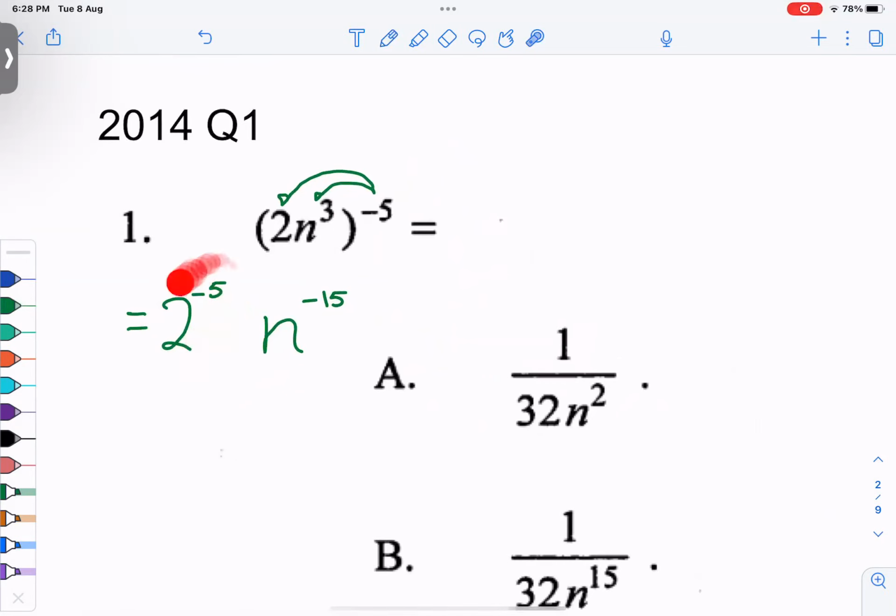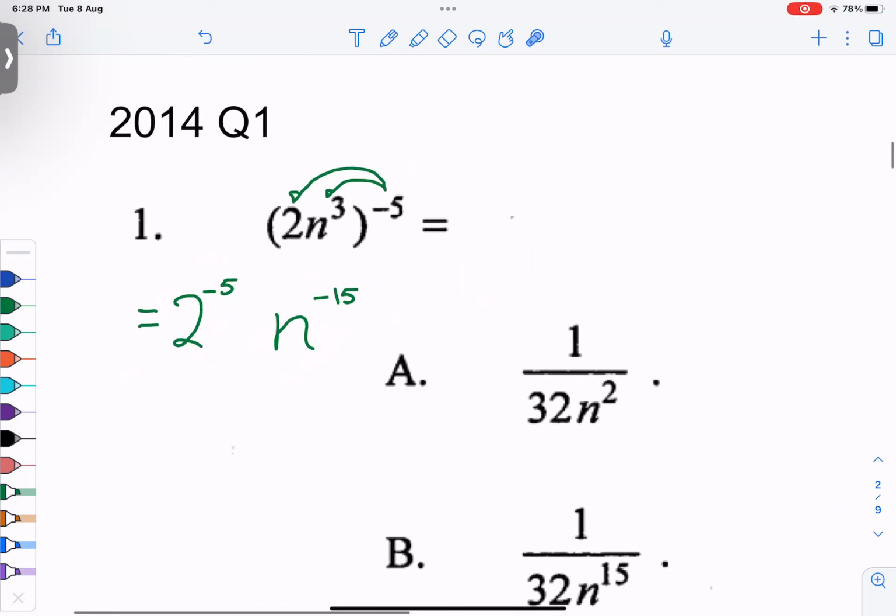For these numbers, you can of course click calculator, you will get it. But how about for unknowns? Try to click this in calculator. What do you get?